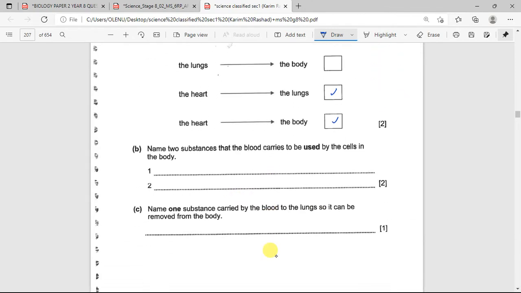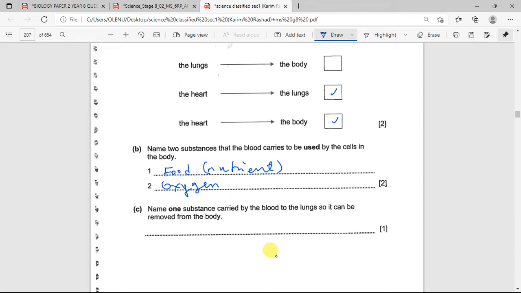The next question is, name two substances that the blood carries to be used by the cells in the body. Now, two major substances that the blood carries to be used by the cells in the body are either food, that's nutrients, or oxygen.